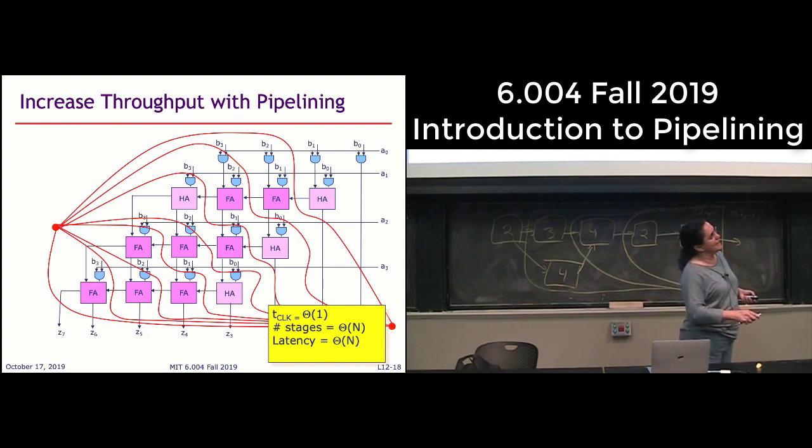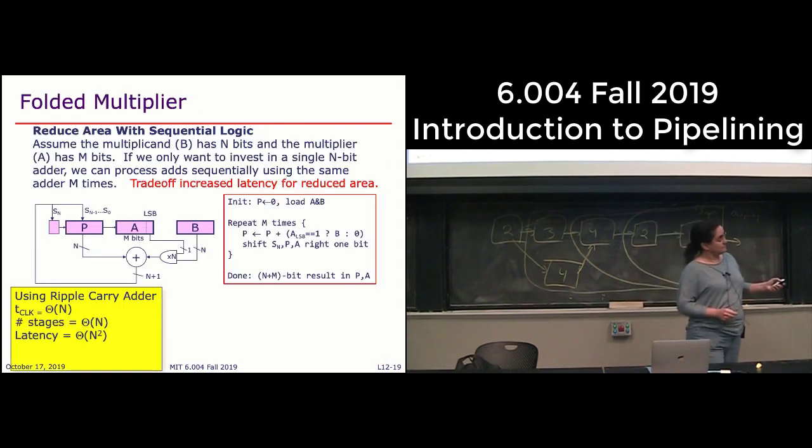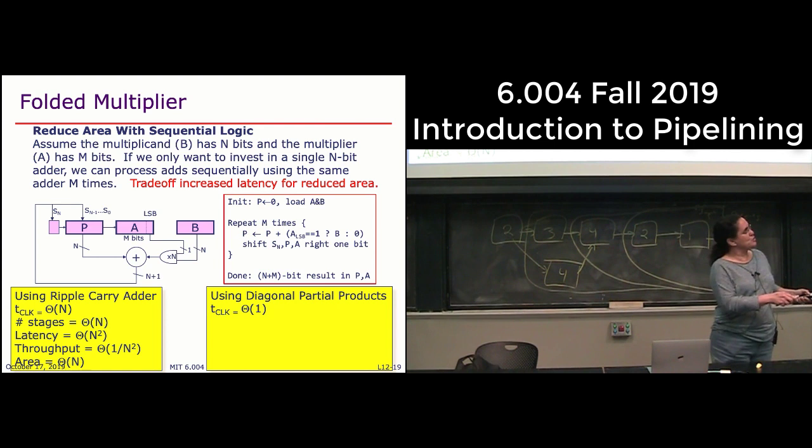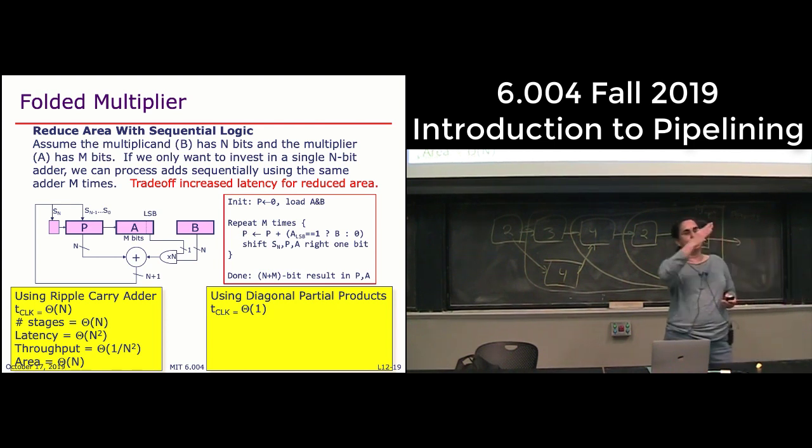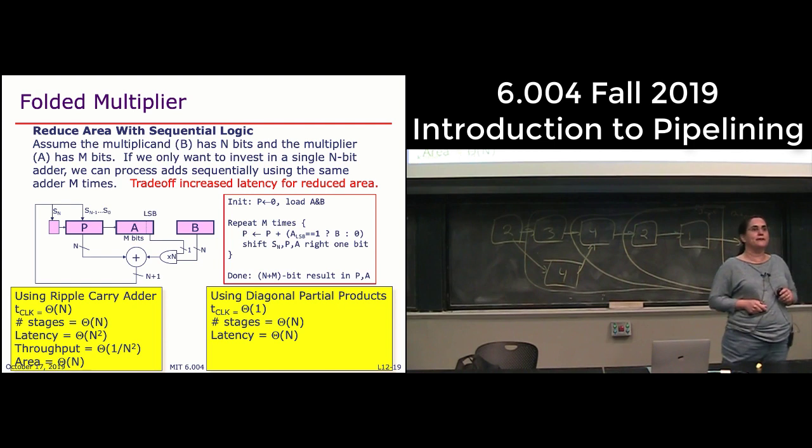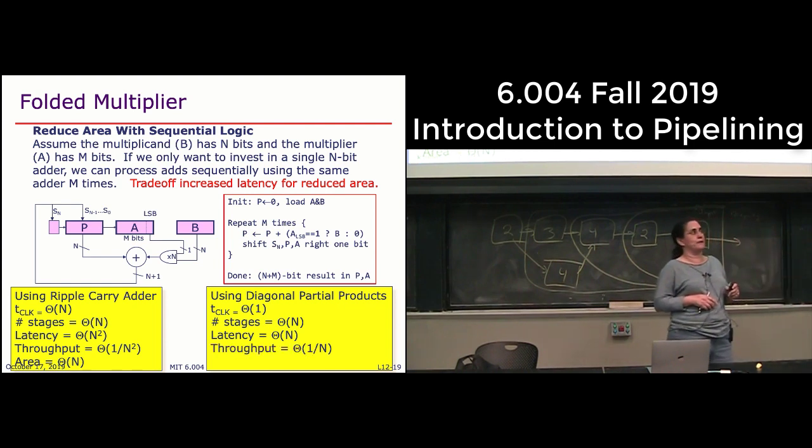Well, I have time proportional to n to go through the number of stages. And so basically here, my T clock is proportional to 1, because now I've changed the way in which I'm folding this multiplier. But my number of stages is still n, but so now my latency is much better. It's of order n, not n squared.